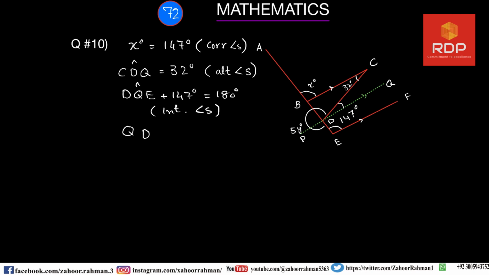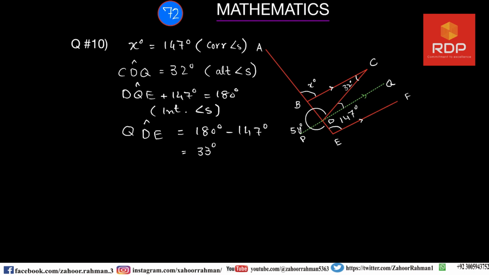QDE is equal to 180 degree minus 147 degree, and when we subtract this we will get 33 degree. Now we found the second part as well, which is this part, and we also found the first part, and that was our requirement.